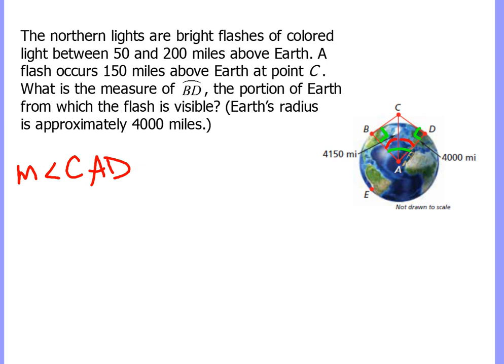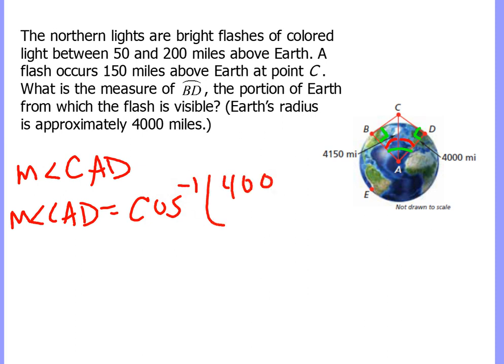Well, if this is the angle I want to know, I have its adjacent side and the hypotenuse, then that means that the measure of angle CAD will equal the cosine inverse of adjacent over the hypotenuse.